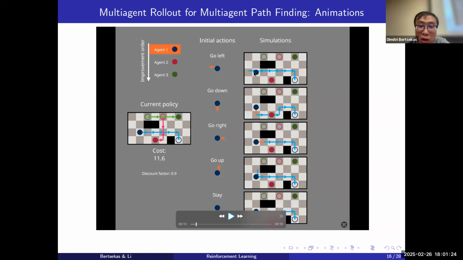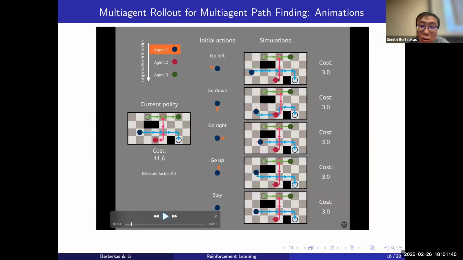So for agent 1, it runs 5 different simulations, using 5 times the base heuristic, whereas agent 2 and 3 blindly follow the base heuristic. Then we run all those simulations and find out which one has the smallest cost.